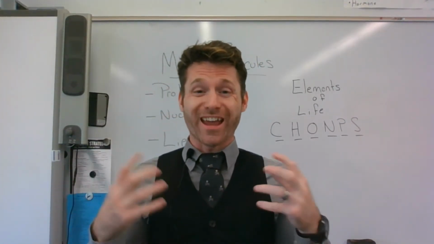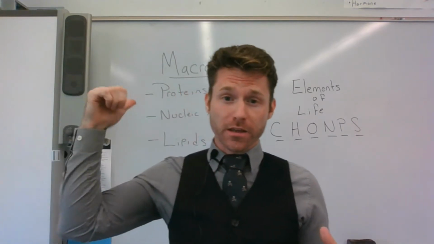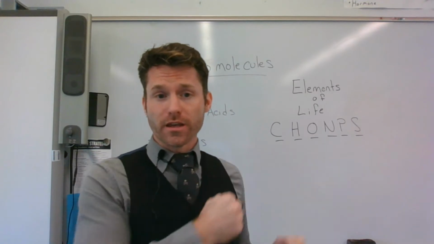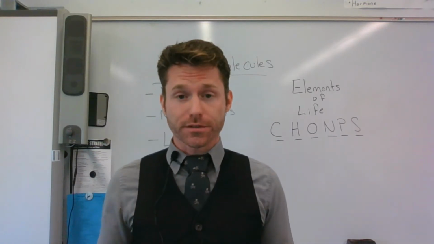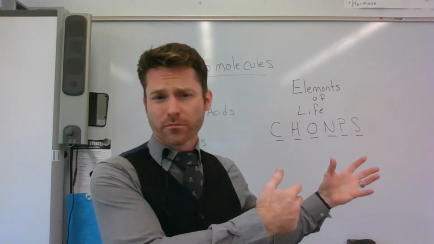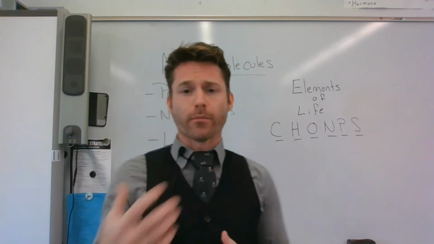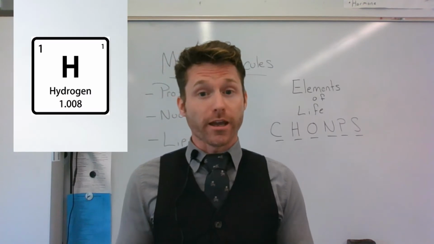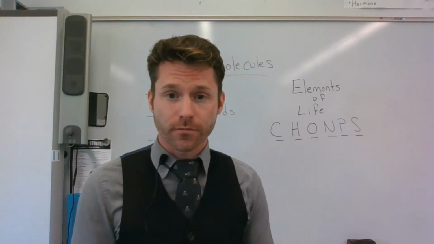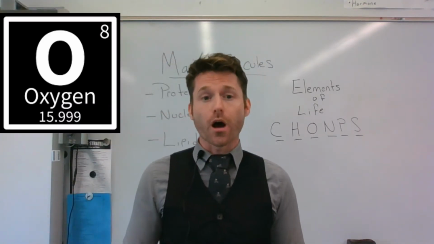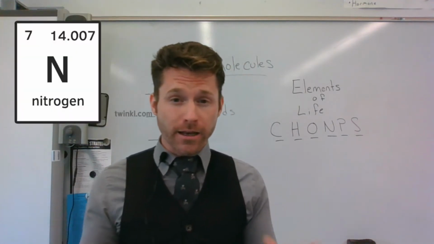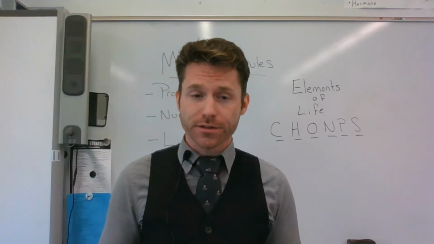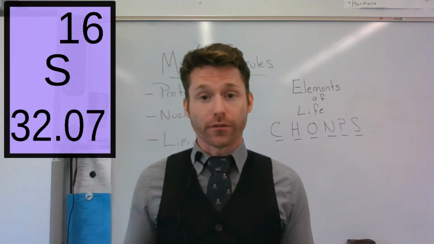So, the elements that make up each of these macromolecules are these 6 elements. And there's this acronym CHNOPS to remember it by. The C stands for carbon, the H is hydrogen, the O is oxygen, the N is nitrogen, the P is phosphorus, and the S is sulfur.